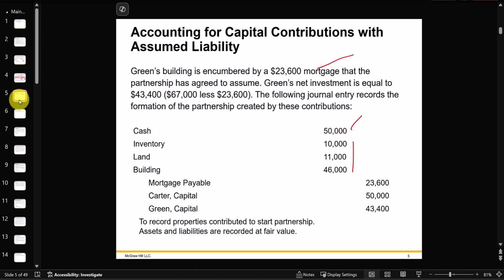So the partnership is now assuming, increasing its liability for that mortgage. And you really are reducing the total value Green is contributing by that mortgage to get Green's capital credit into his or her capital account. And then for Carter, it's just the 50,000 contributed, matching the 50,000 increase to his or her partner's capital account.